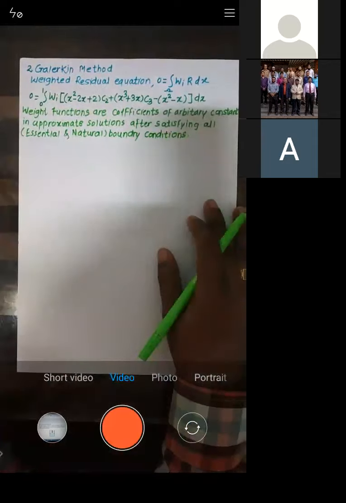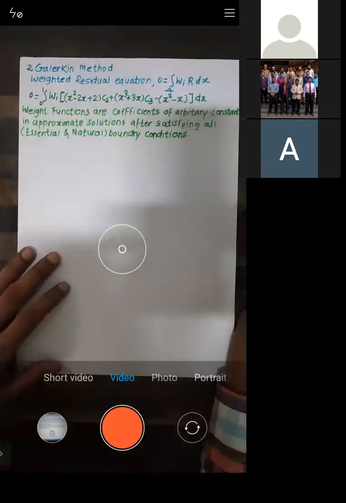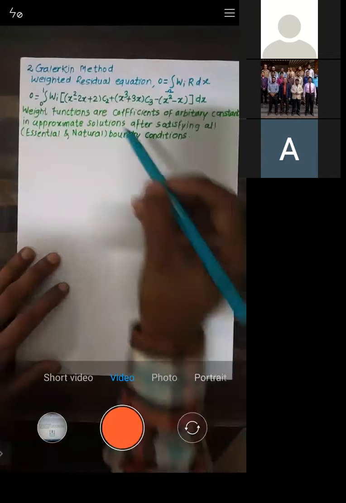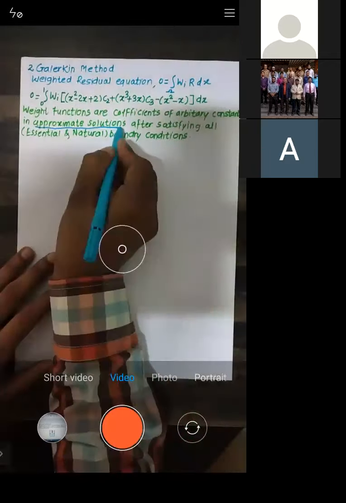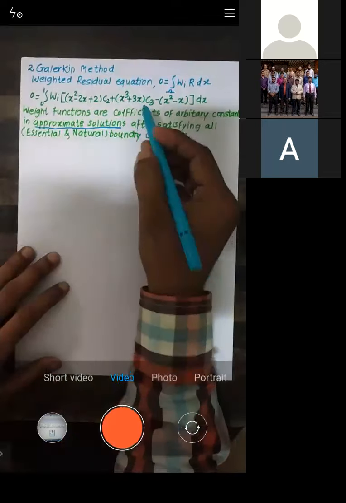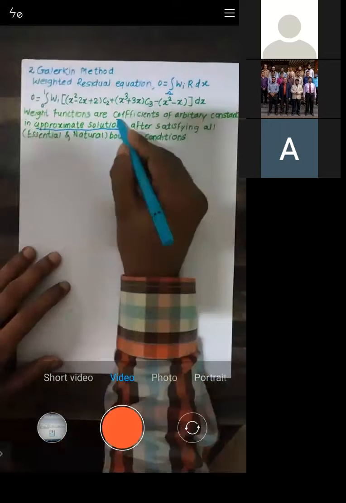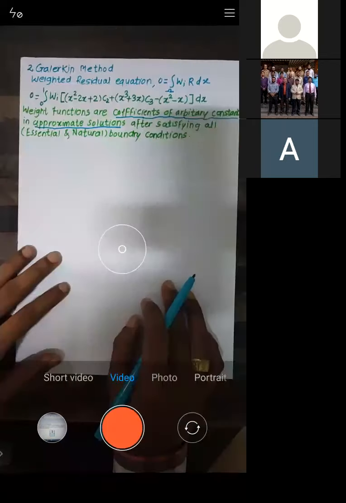We need to take the weight functions from the approximate solution, and in the approximate solution, we need to take the coefficients of arbitrary constants. This only you remember.